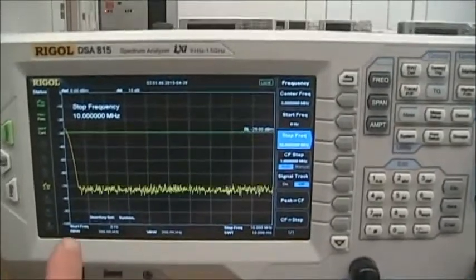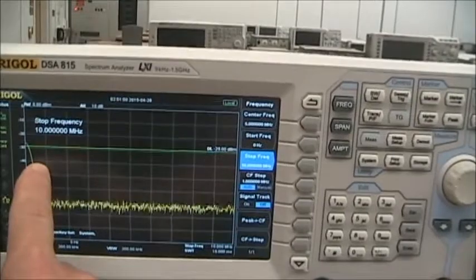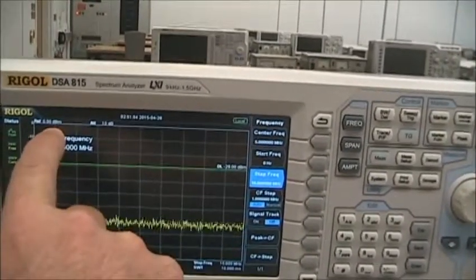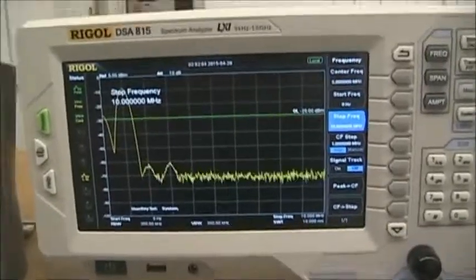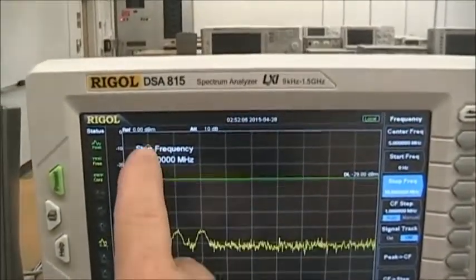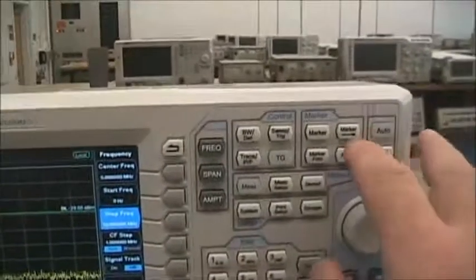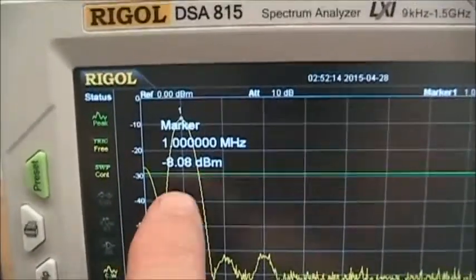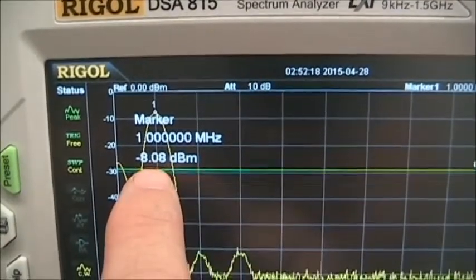So we should see a signal at 1 megahertz, 1 square to the right of the 0 indicator, and slightly below the top level of 0 dBm. When we connect the signal, we indeed see a signal right around the 1 megahertz point. Press the peak marker button and you will see the display: 1 megahertz and minus 8.08 dBm.